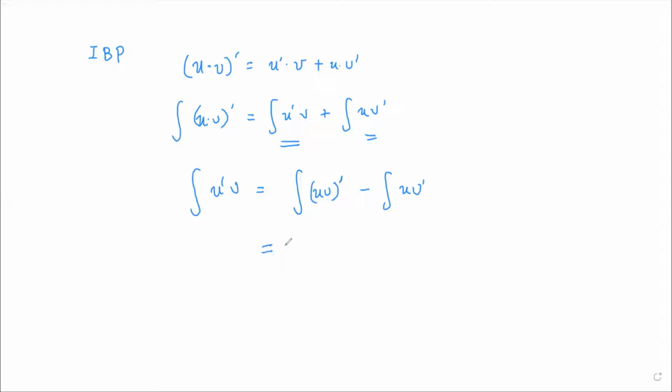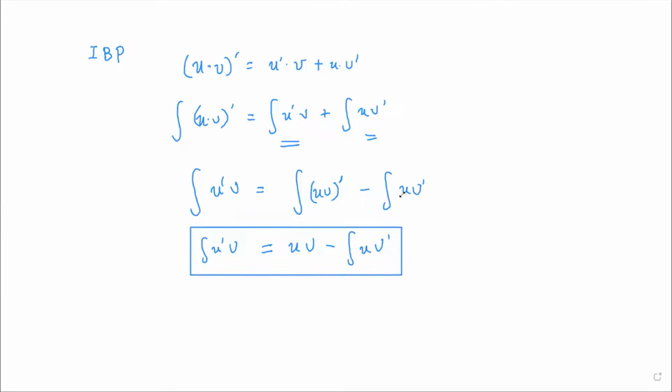Then you cancel out both and you have u times v. I don't need to put the plus c here because the antiderivative already has c involved. So I have this equation, which is exactly what integration by parts is.